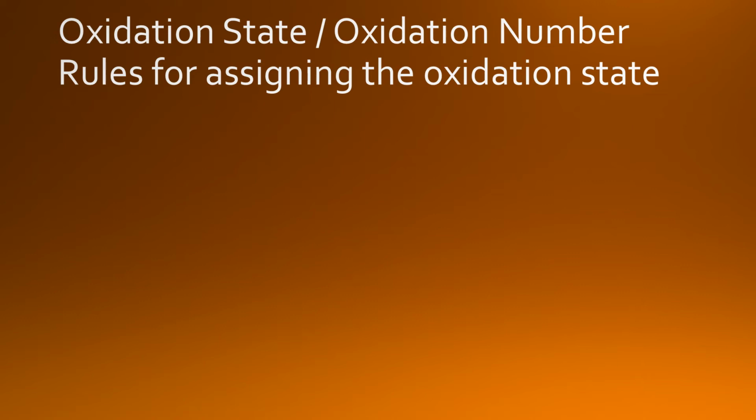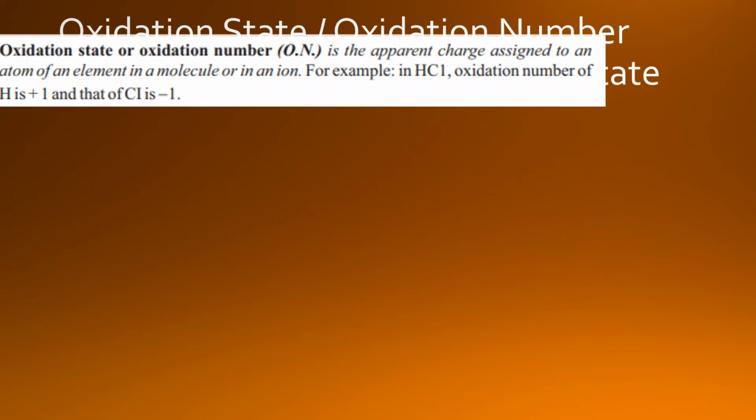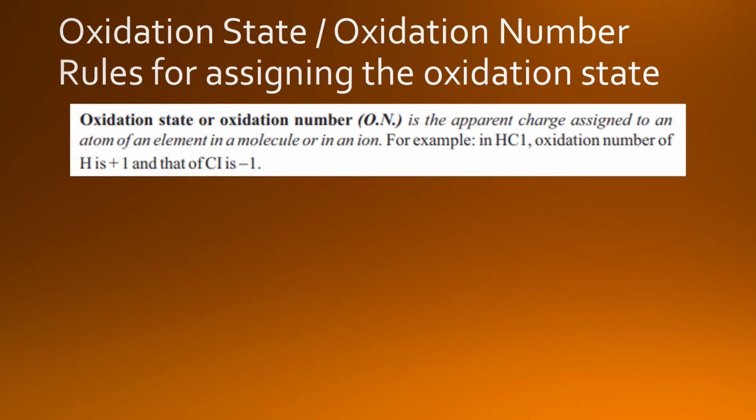Now what is the oxidation state or oxidation number, as I have assigned in the last few examples you have seen? And what are the rules to assign the oxidation state to an atom? So oxidation state or oxidation number is the apparent charge assigned to an atom of an element in a molecule or in an ion.